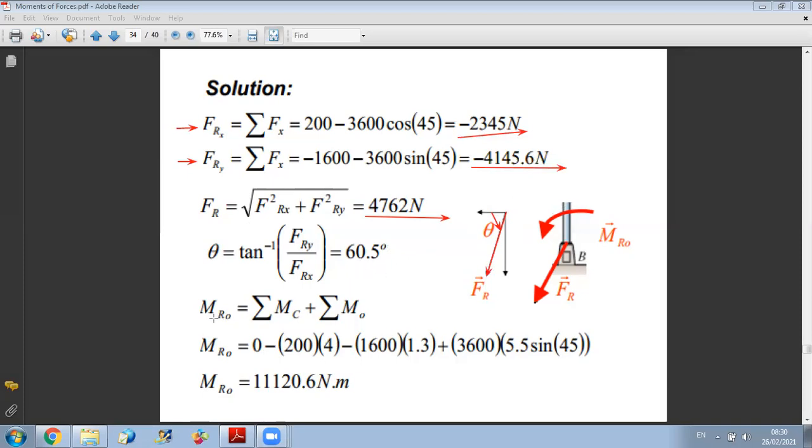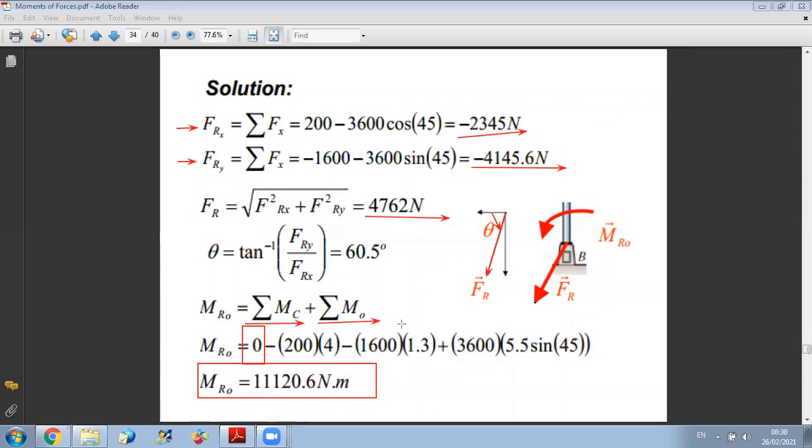And for my moment, as you can see here, they said we should add sum of couples to sum of moment of forces. But since we don't have couples in this problem, it is 0, plus the moment of forces. This is what we have done together. And now, once we calculate the resulting moment, we get a positive result.